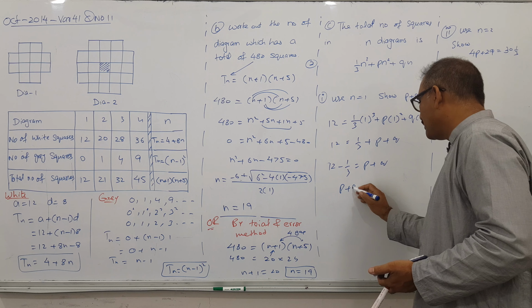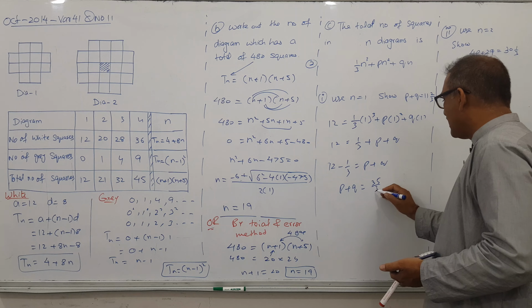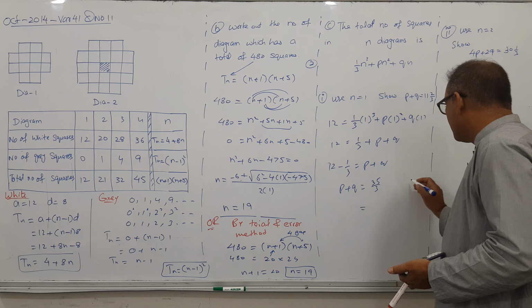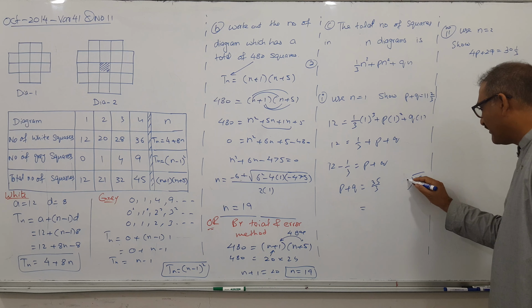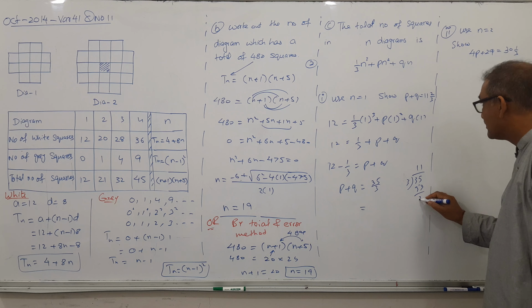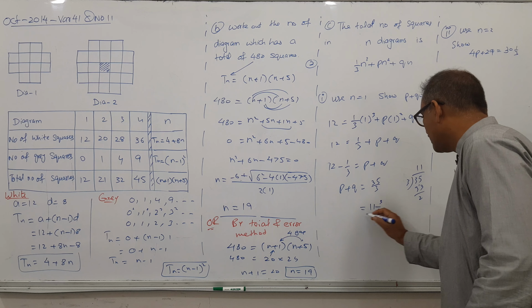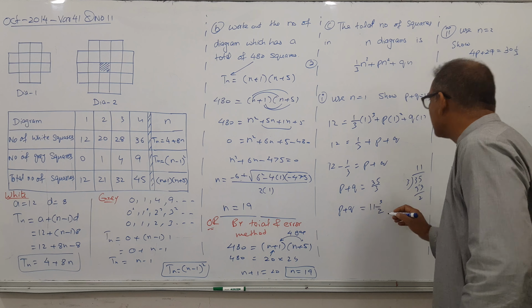And p plus q gives you what? 35 by 3. And you check it, it comes the same, because if we divide 35 by 3, we get 11 and 2 left. So it means 11 and 2 over 3. Proved. Okay, this is not an issue.